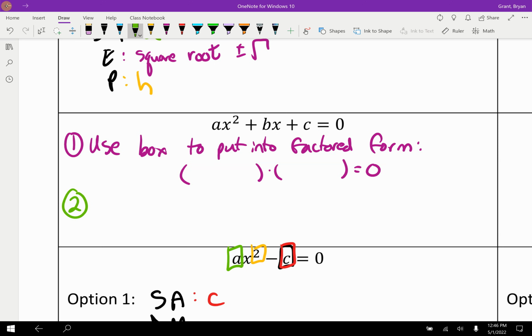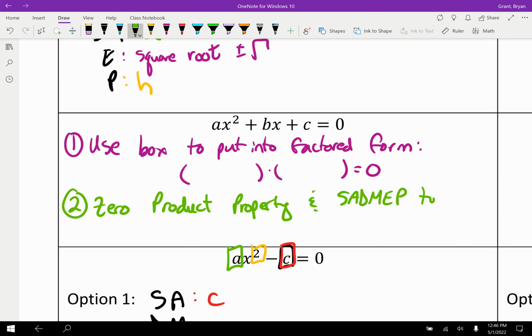And then our second step is the zero product property and SADMEP to solve. So we would take one equation, set it equal to 0, or the other equation, set it equal to 0, and SADMEP solves it out.